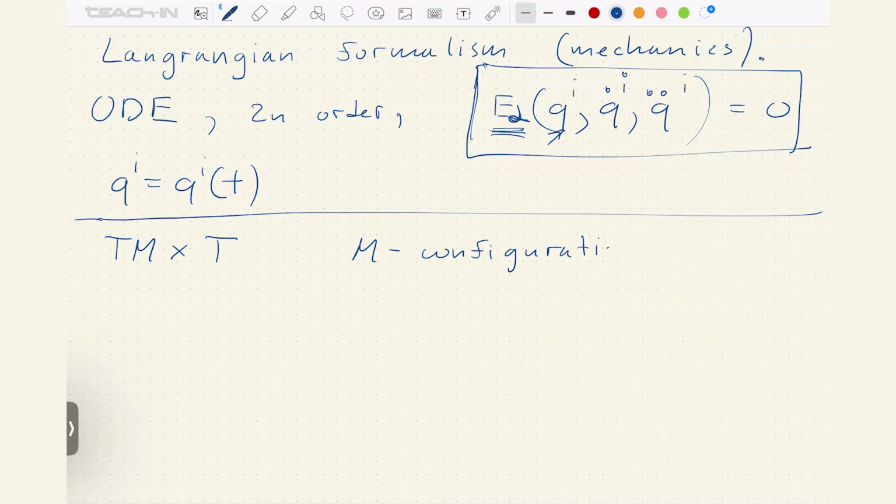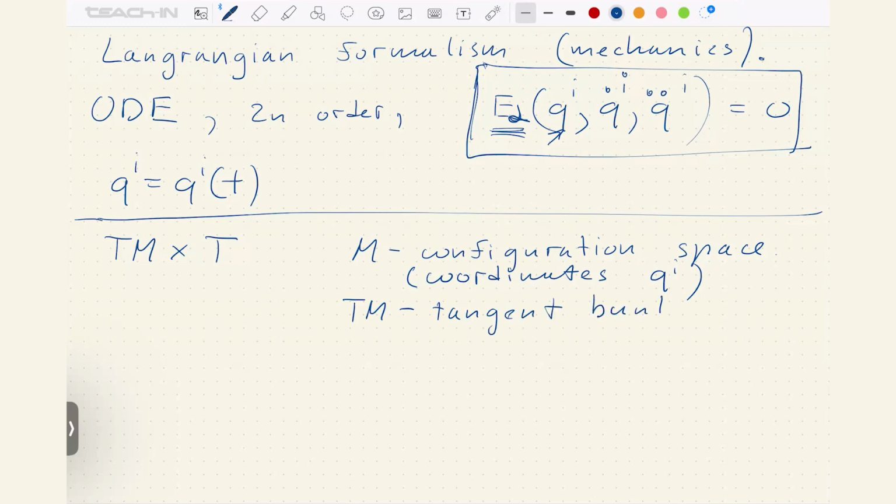Yes, exactly. Coordinates in our examples there are q^i, and v^i.